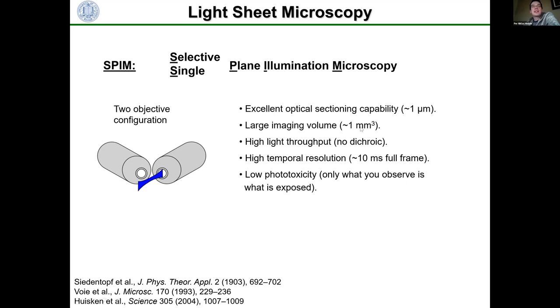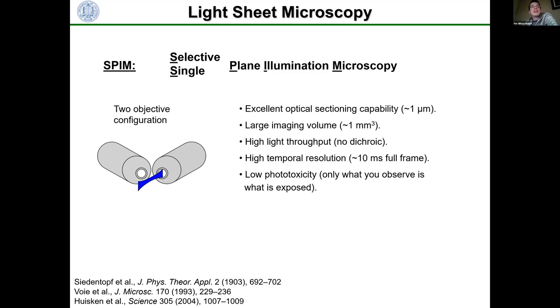You can use cameras with many, many pixels, so you can have really a large field of view or volume if you do Z-stacking. You don't need any dichroic mirror to separate out the fluorescence light from the excitation light. Those CMOS cameras have very high temporal resolution, on the order of 10 milliseconds or 100 frames per second.